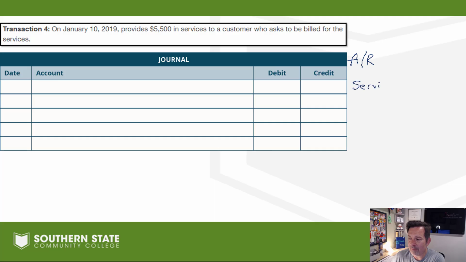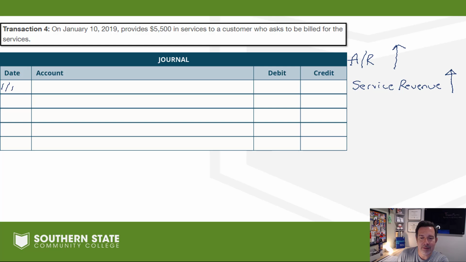Well, what we've already provided, service revenue. We've done the work. We can count that revenue. So, account receivable, asset, it needs to go up to reflect the fact that we are owed money by that customer. Our revenue account needs to go up to reflect the fact that we've done the work. We've earned the money.